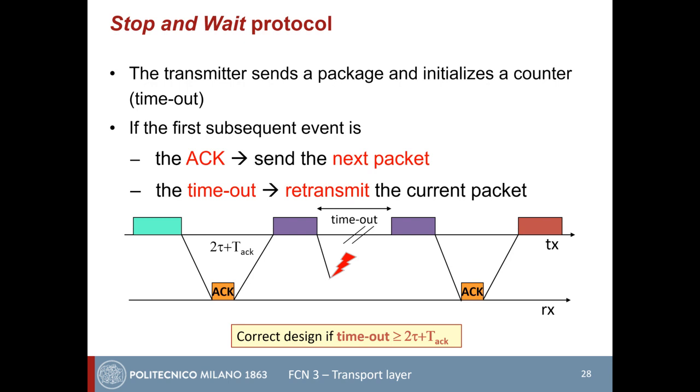However, if you make the timeout too large, then you keep waiting for a long time in case of error. Because in case of error, the transmitter has to stop until the timeout is expired. So if the timeout is very large, then each time there is an error, the system stops for a long time. And the error may occur both on the transmitted packet and also on the transmitted ARQ.